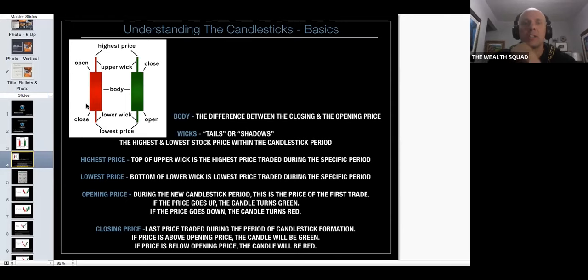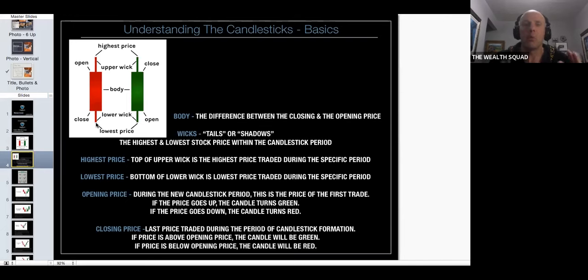But it's the highest stock price within the candlestick period and the lowest stock price within the candlestick period, right? So if you're looking at a day chart, this is the highest price that this reached on the day chart. If it's on a 15-minute chart, this is the lowest price that this hit on a 15-minute chart. So it correlates to the specific time frames. I look at a lot more day charts than I do the lower time frames.